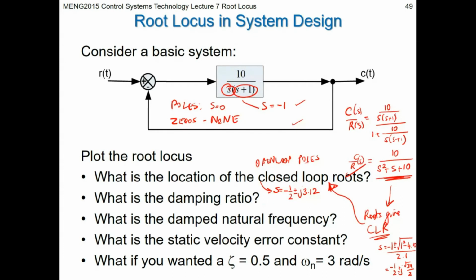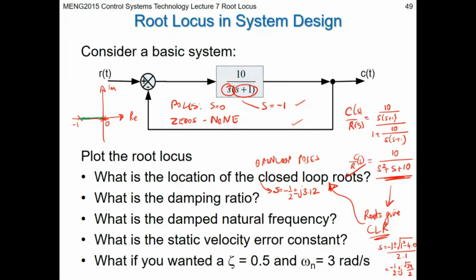So therefore we can calculate the damping ratio. Let me sketch the locus over here, using a bit of space. We know we're going to have a locus between these two.